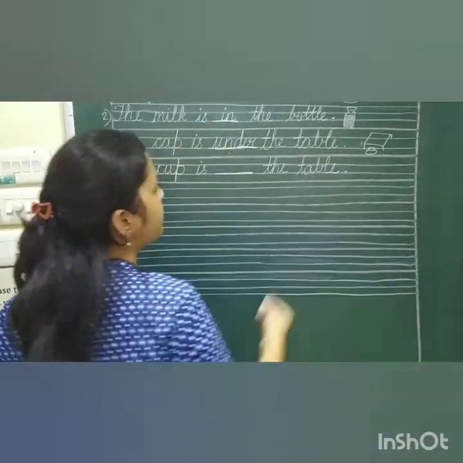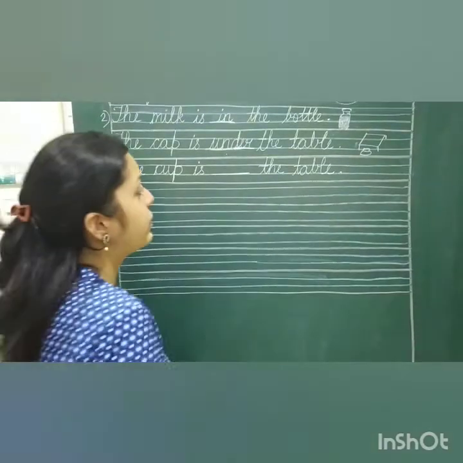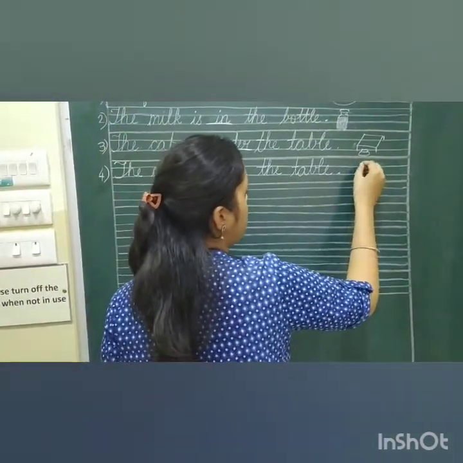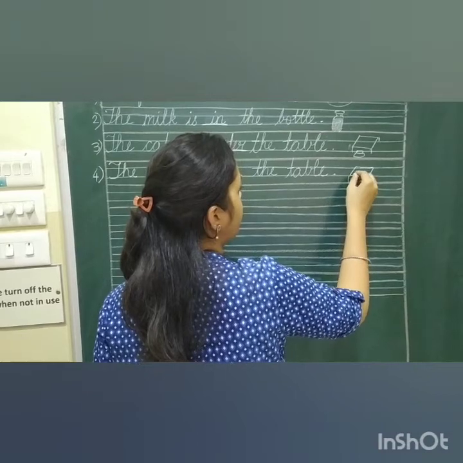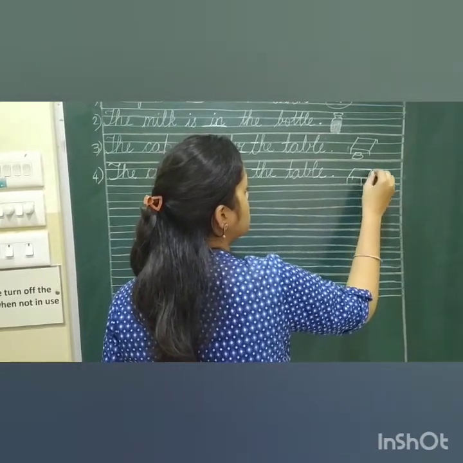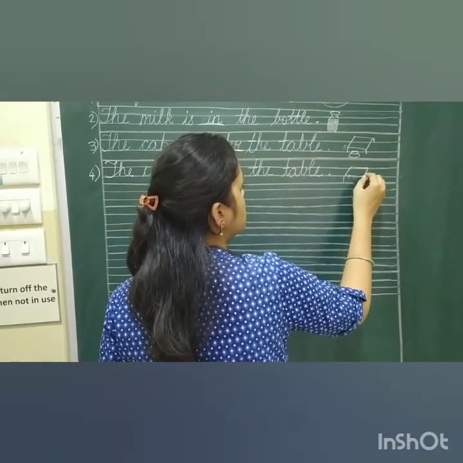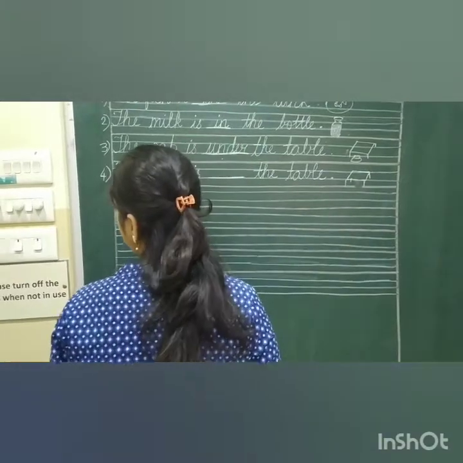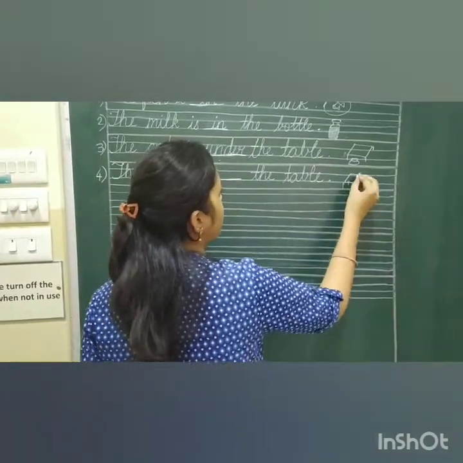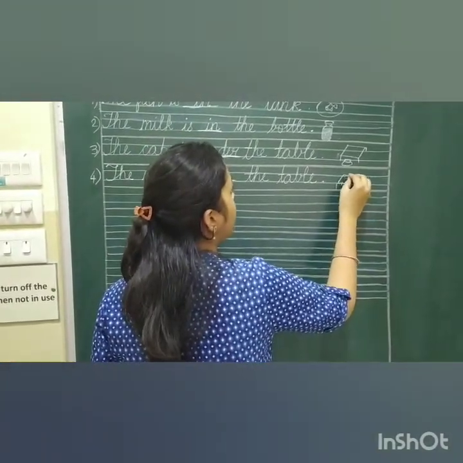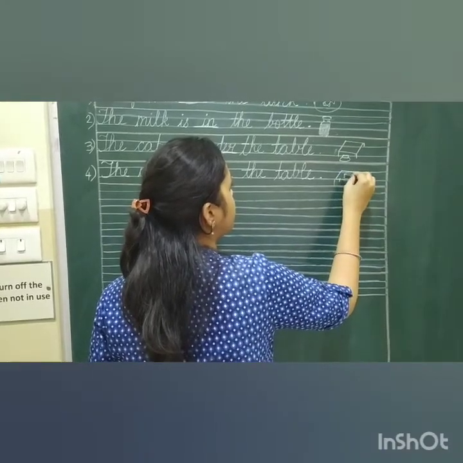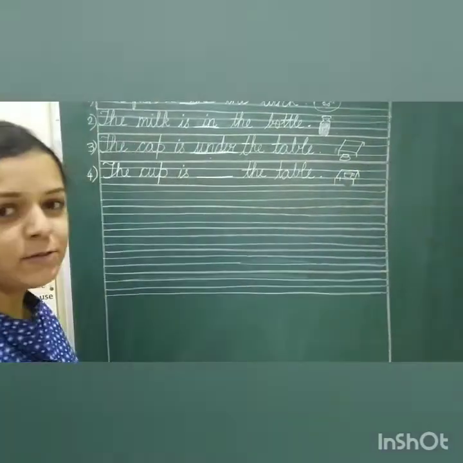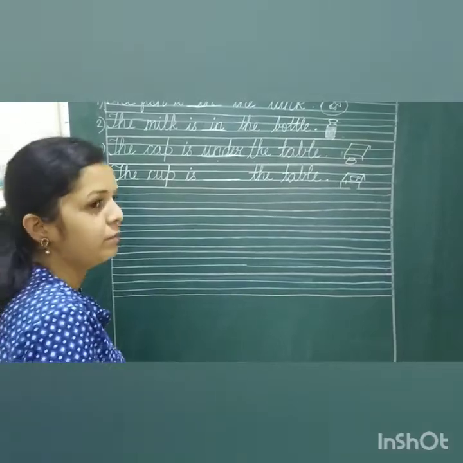Full stop. Now here we are going to draw a picture of table this way. Okay, and here we are going to draw a cup's picture. So can you see the difference over here?